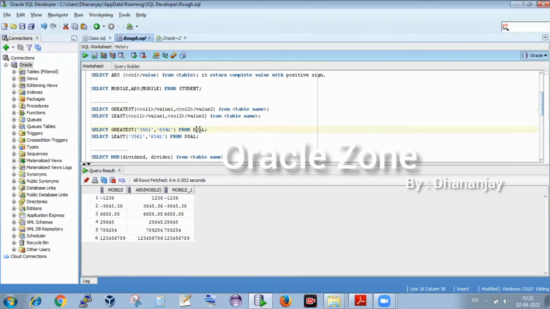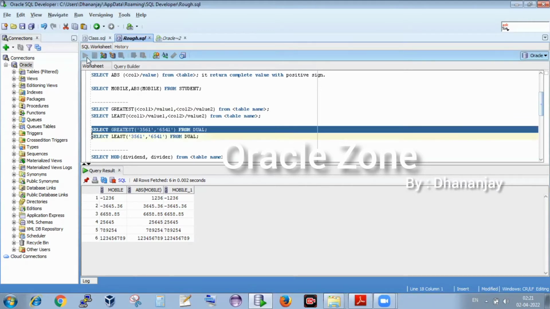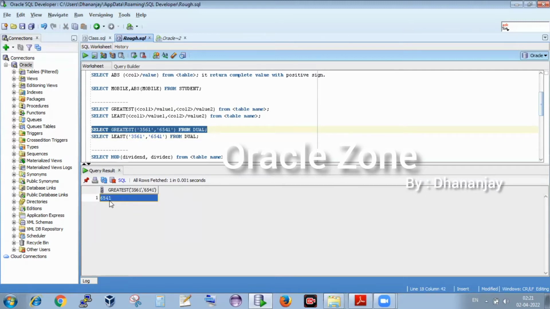Here I'm just taking dual. So you can see 6541 is the greatest value in comparison with 3561, so in the output it should be 6541. Let's execute it. What value is coming? 6541, because this is the greatest value.